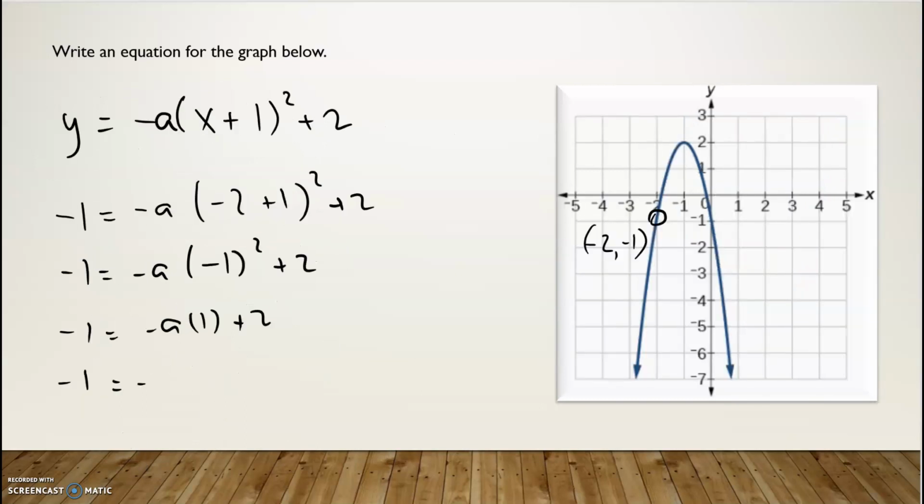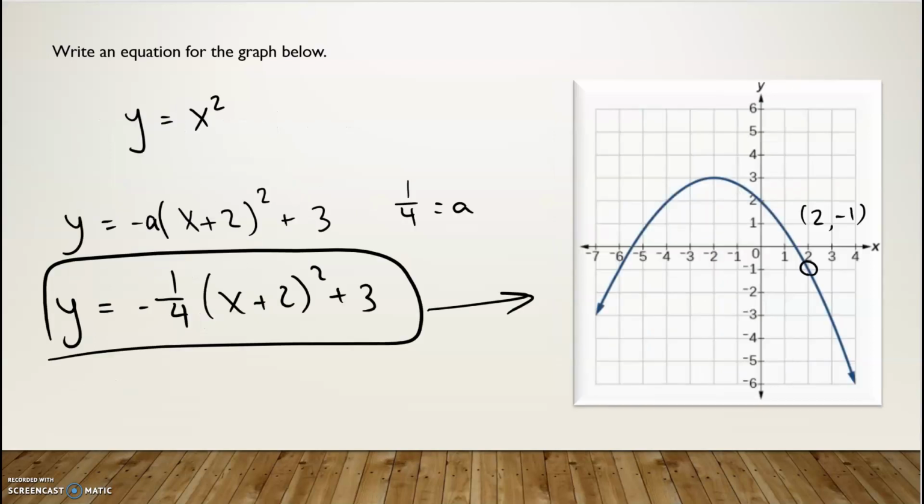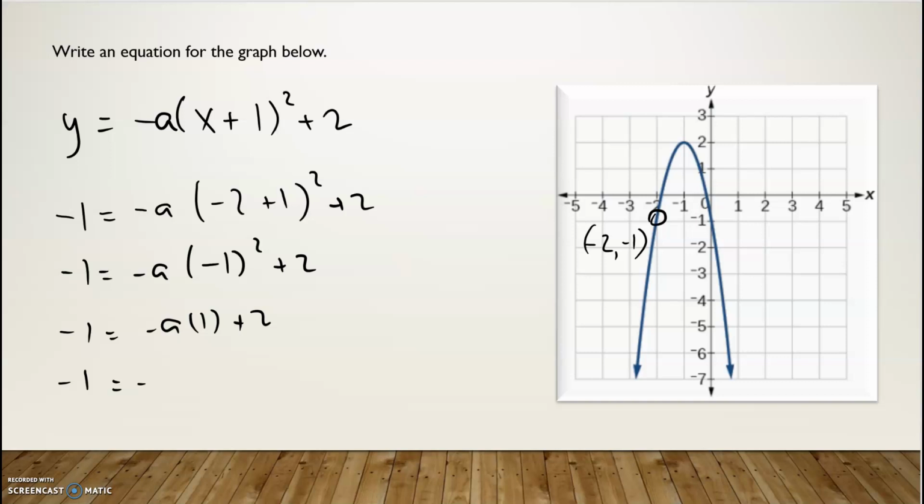In this one over here, we had already plugged in the points, and it should be negative A. Not sure I finished this one.